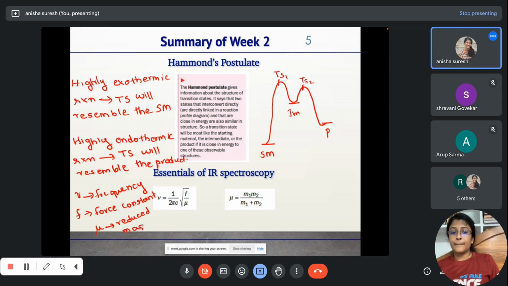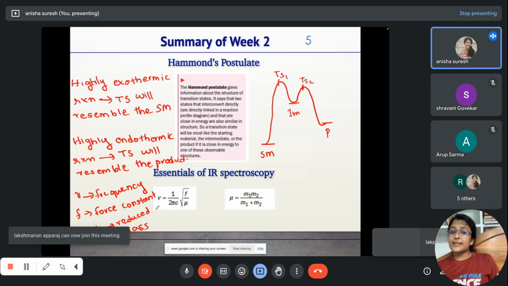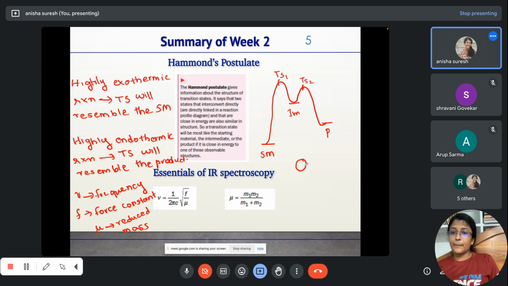This equation is used in the case of a spring system, and is applicable in the case of atoms that are connected with a bond. If we consider two atoms connected by a single bond, the force constant f will be lower.